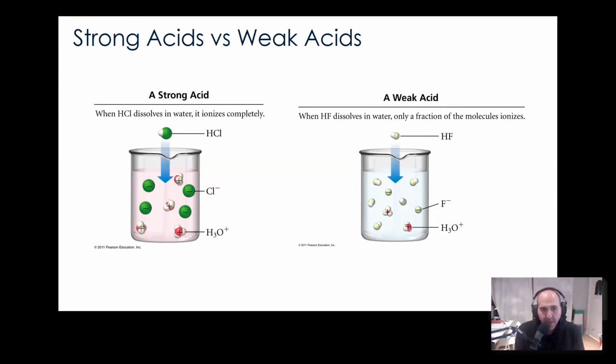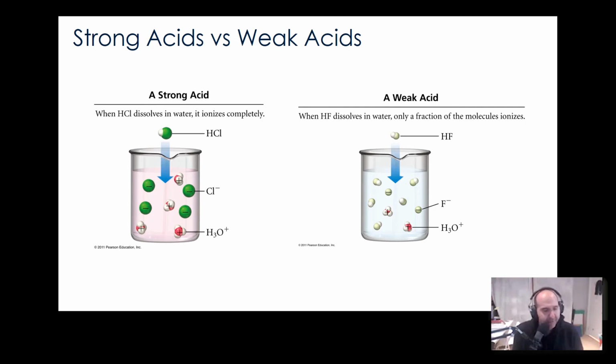In contrast, weak acids only ionize a little bit. It's an equilibrium process, if you recall. For example, if I take HF in a beaker, and to be fair, there's something wrong with the picture in the slide, which is that HF dissolves glass, so that beaker would have to be plastic.